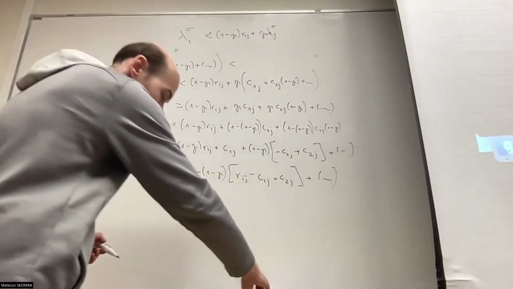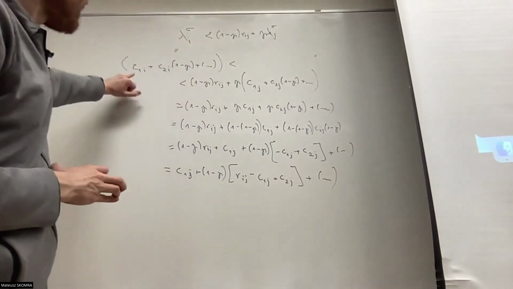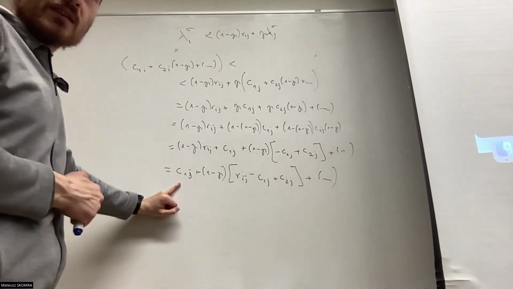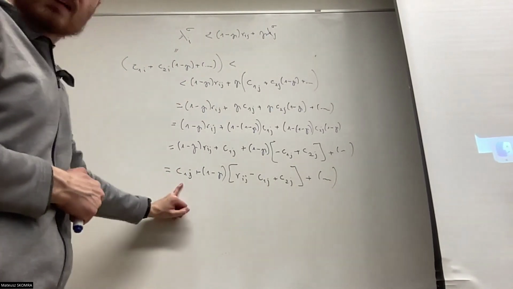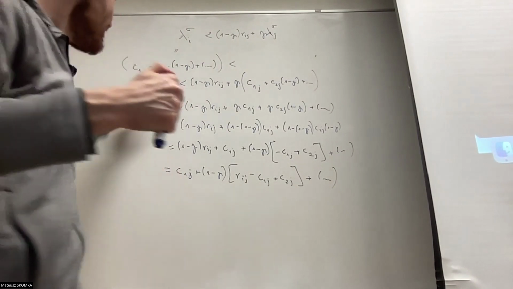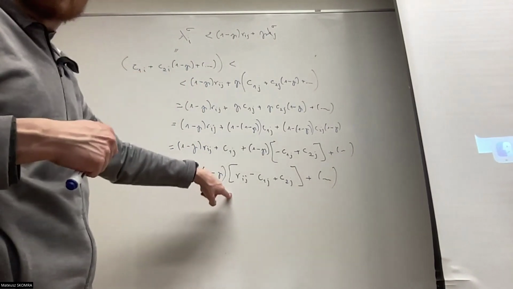But now look. This is the value of the mean payoff game at I. This is the value of the mean payoff game at J. So if this is higher, then the whole series is higher, asymptotically. But if these two are equal, then what does it mean for this to be asymptotically higher?